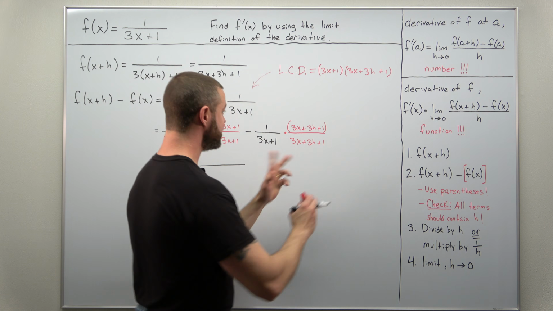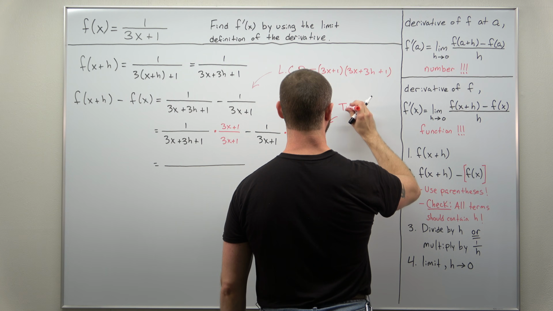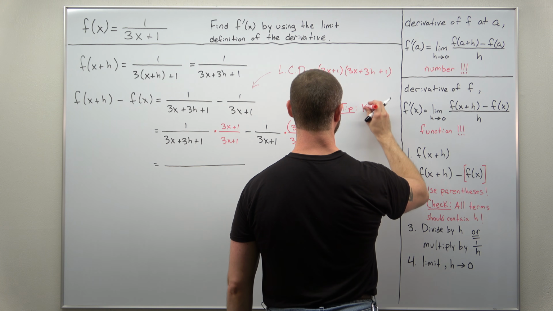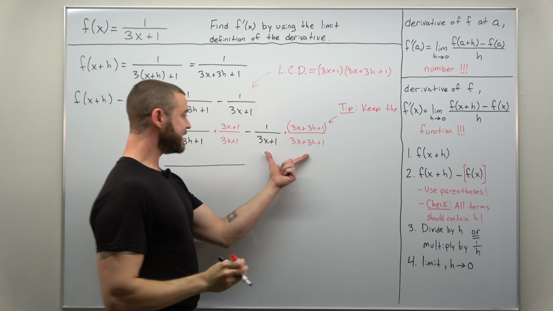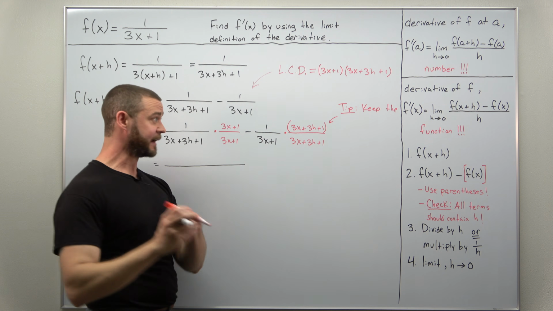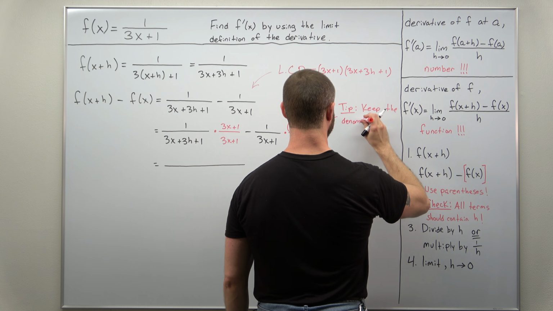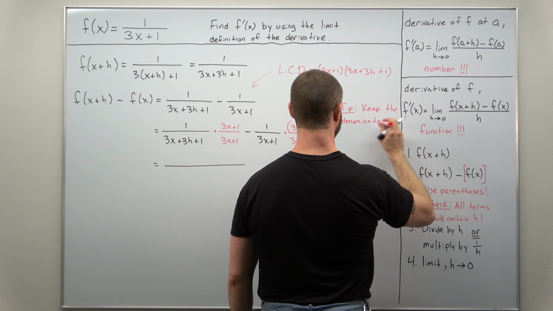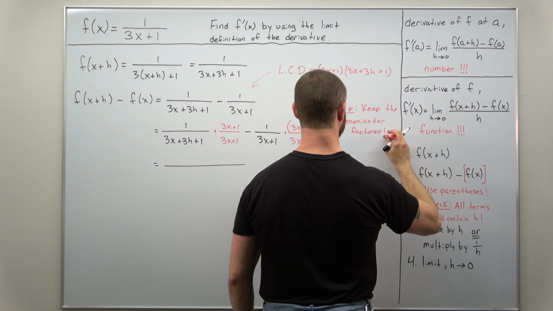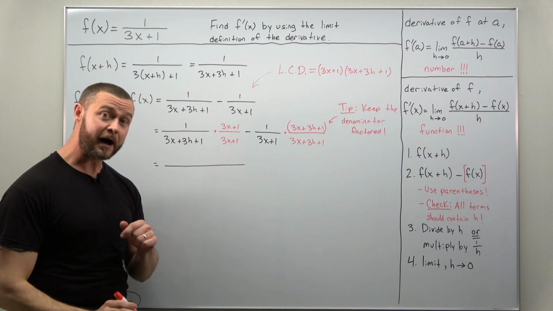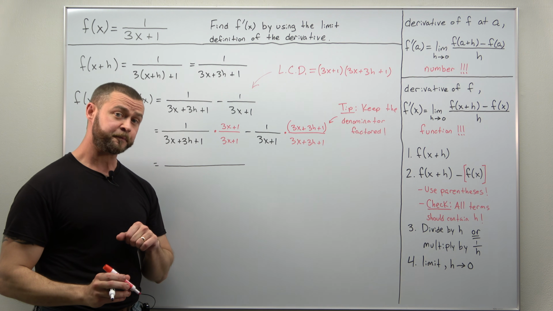So a tip we gave in the previous problem, I'll write it down again. We're going to keep these denominators factored. It's not wrong to multiply them out, but it's just going to be a little bit of unnecessary work.